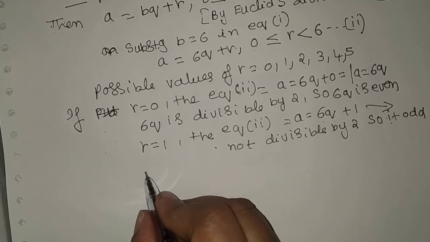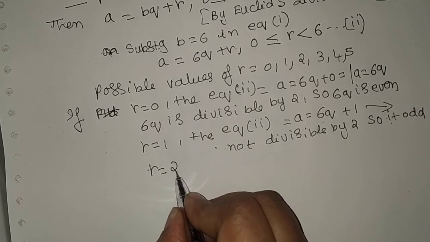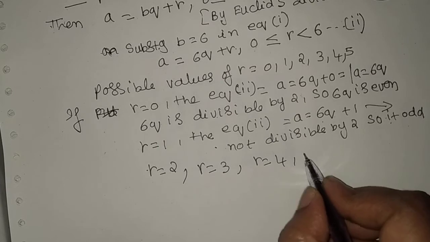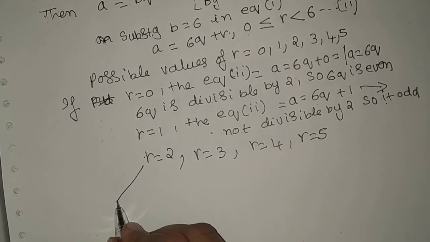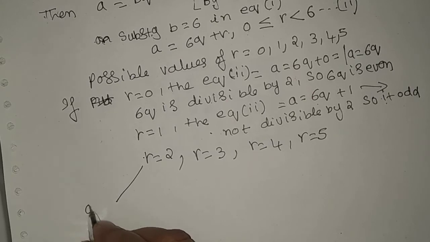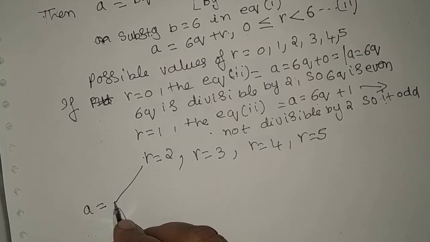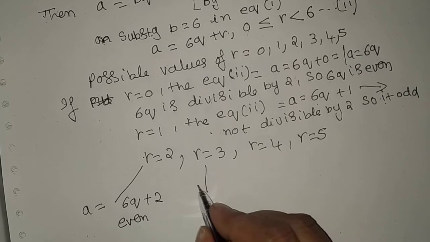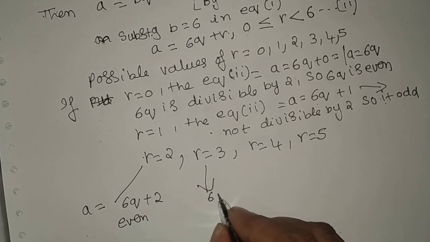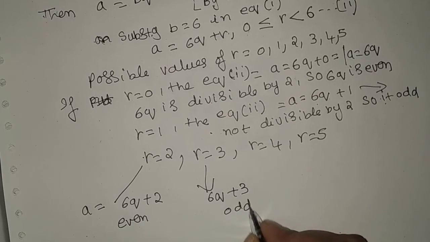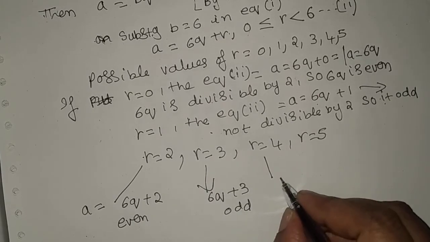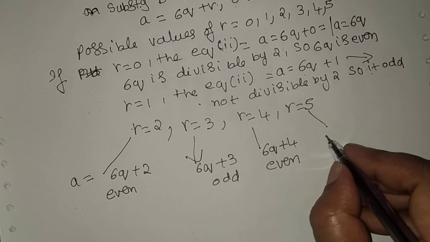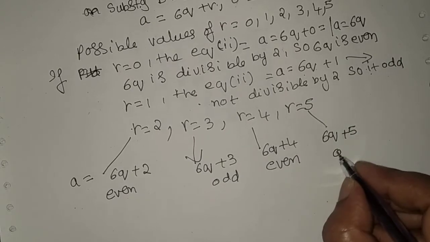Finally we have to try r is equal to 2, 3, 4 and 5. When r is equal to 2, we get a is equal to 6q plus 2, even. When r is equal to 3, we get 6q plus 3, which is odd. When r is equal to 4, we get 6q plus 4, which is even. When r is equal to 5, we get a is equal to 6q plus 5, which is odd.